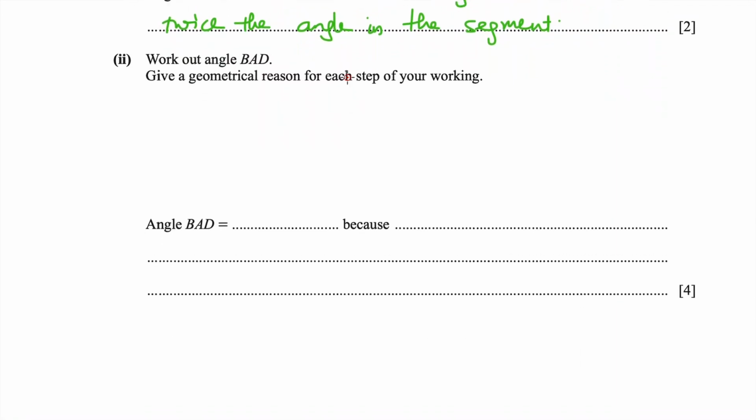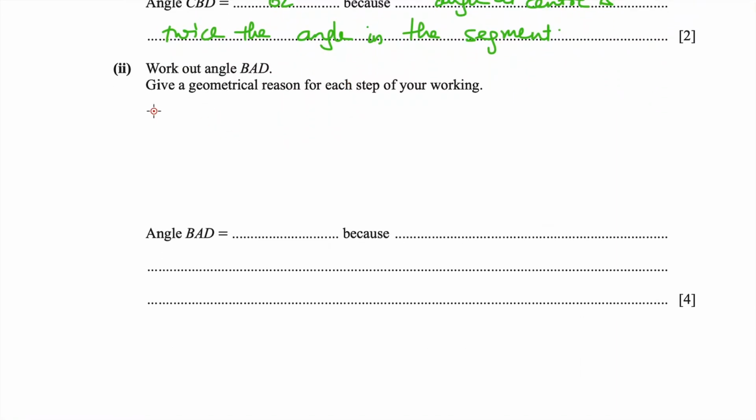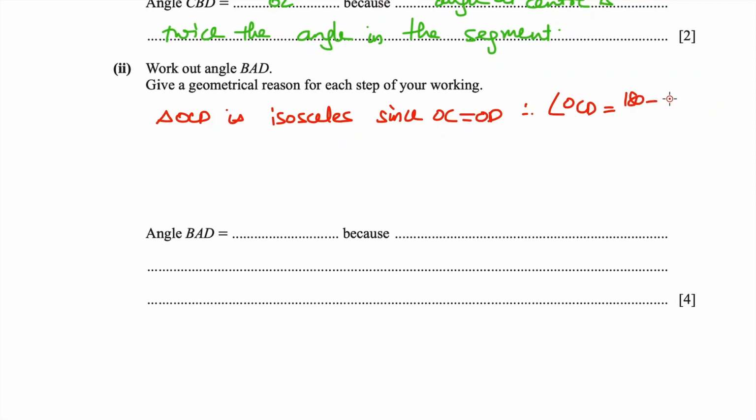So let us work out first of all. So triangle OCD is isosceles because OC is equal to OD, therefore angle OCD is equal to 180 minus 124 divided by 2, which is 56 divided by 2, 28 degrees.